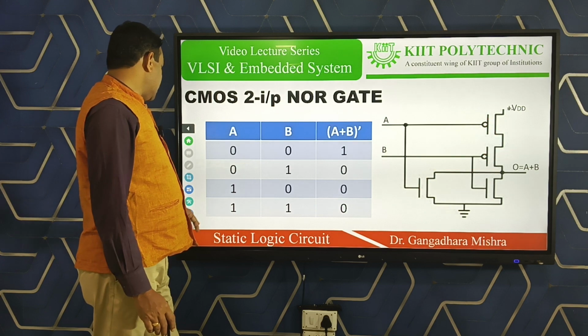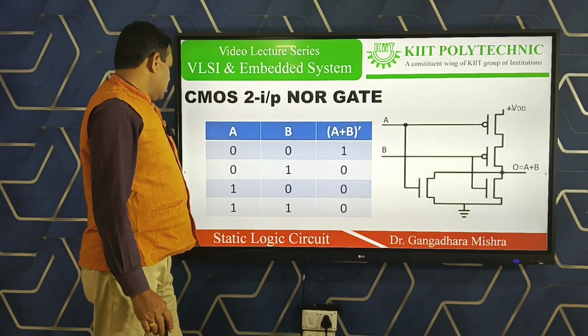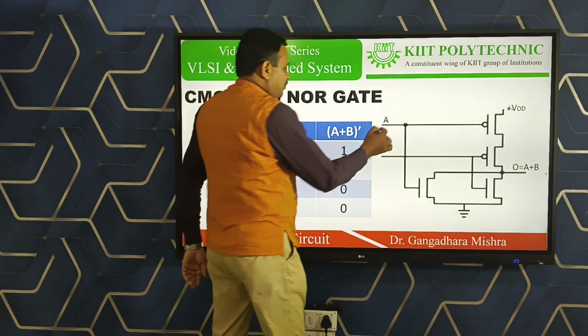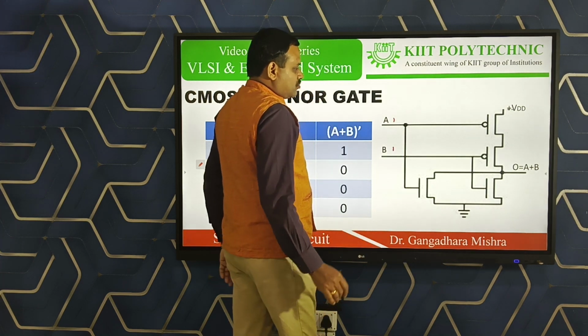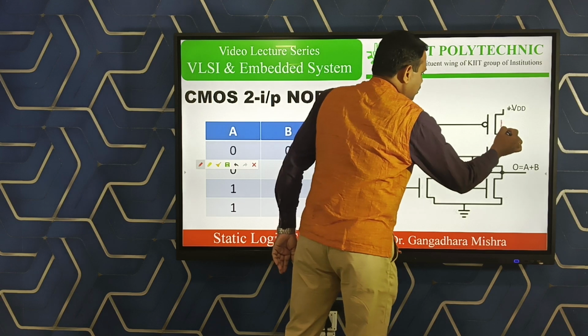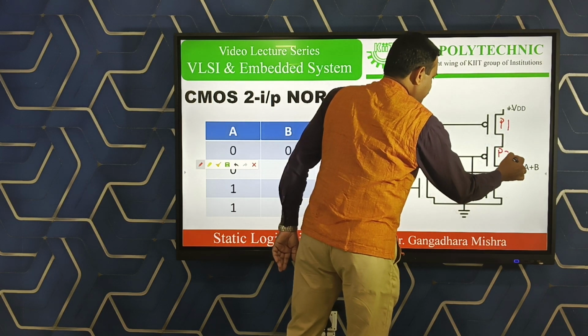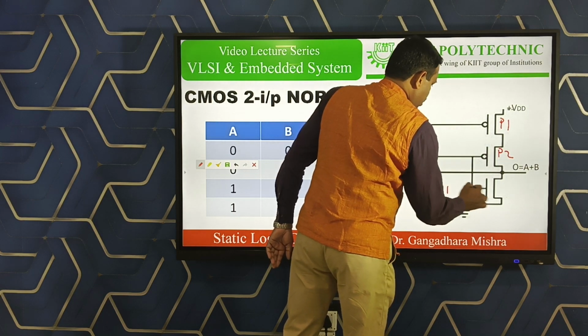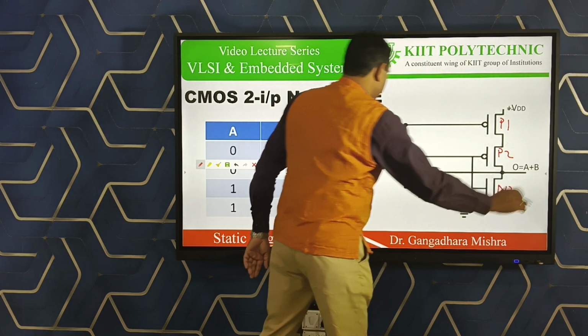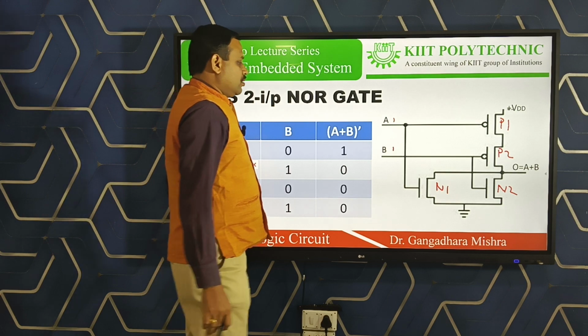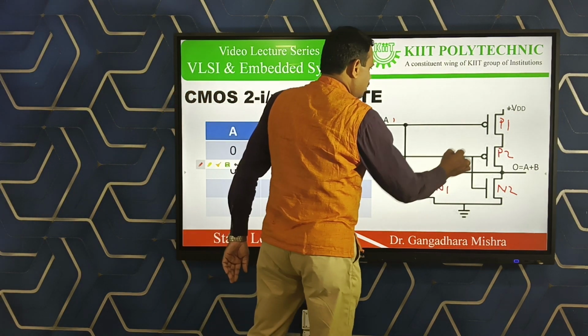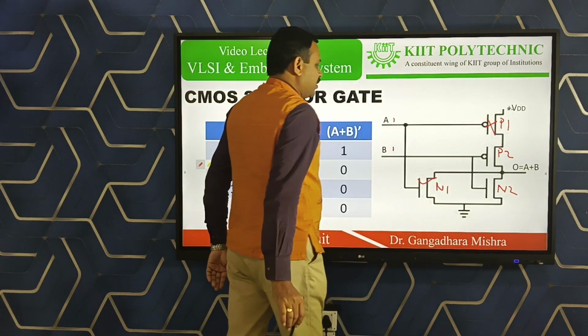Now, the last operating condition, that is A is equal to 1, B is equal to 1. Let's see what happens. This is P1, this is P2, this is N1 and N2. When A is equal to 1, N1 will be driven to conduction, P1 to cutoff.